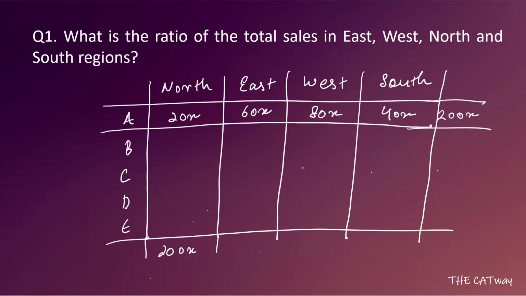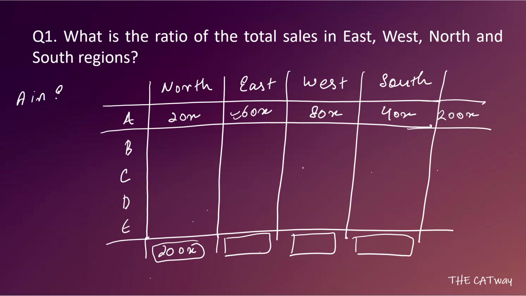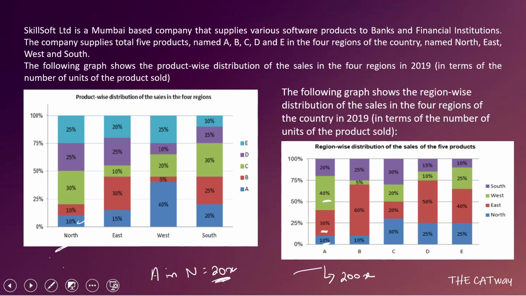Now what we can see is on similar lines, the way we found the total of North, we will find the total of East, the total of West, and the total of South. So in East, how much is A selling? 60x. A in East is equal to 60x. But out of the total sale in East, how much is A actually selling?